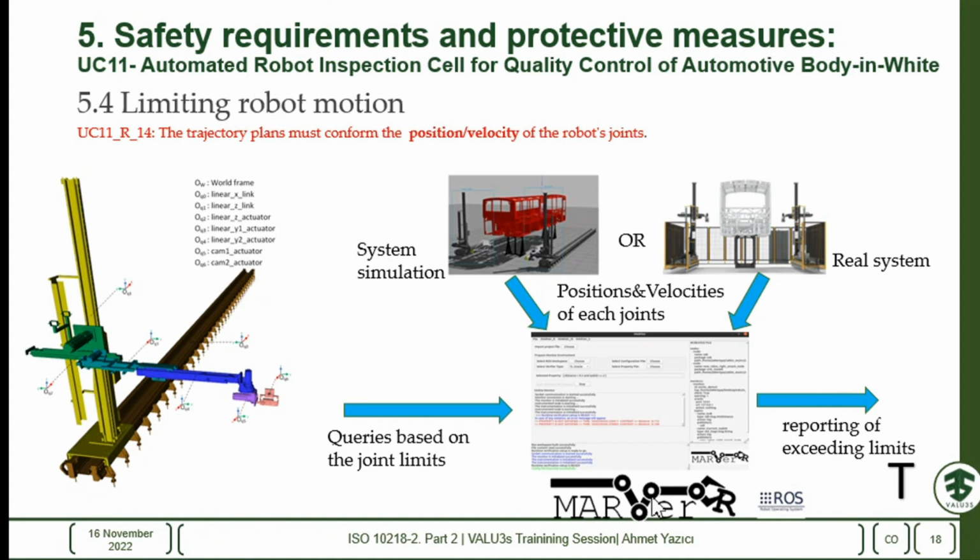Marver M is not on this slide since there is no model-based verification here. Marver R is the main engine part, and Marver S provides some services depending on the application. So this Marver tool is able to monitor the robotic system and confirm whether there is any exceedance of the position and velocity limits.